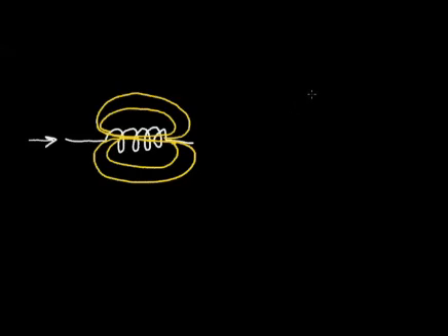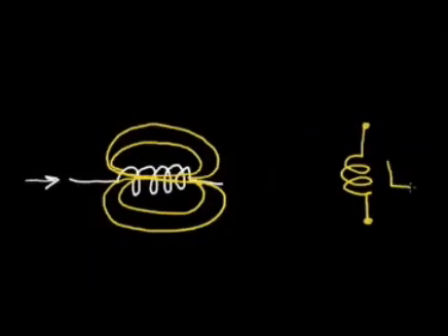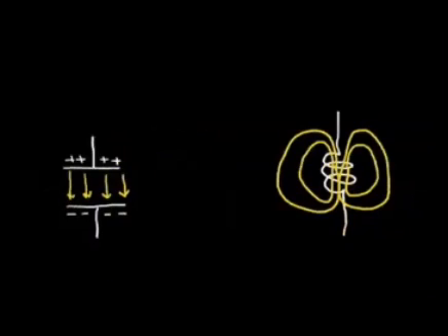The electronic symbol for the inductor is just a coil. It has a terminal at the top, a terminal at the bottom, and we denote inductance by the letter L. Let's compare an inductor to a capacitor.